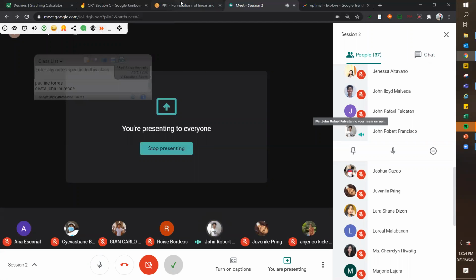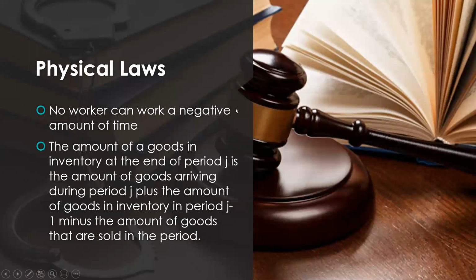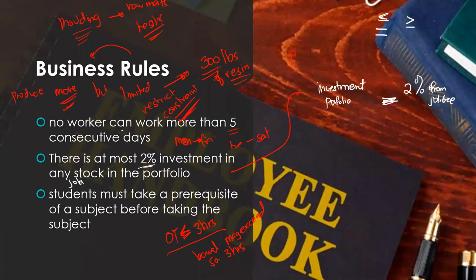Okay, so I'll go back here. How do we represent this? Our goal is to translate words into an equation, or quantify them. For the second statement, there is at most 2% investment in any stock in a portfolio. For your investment portfolio, what should the sign be?